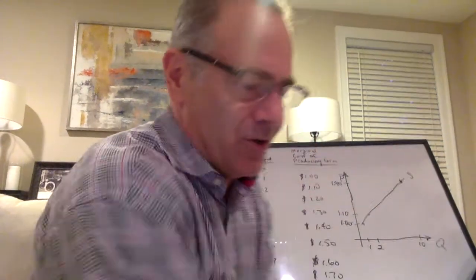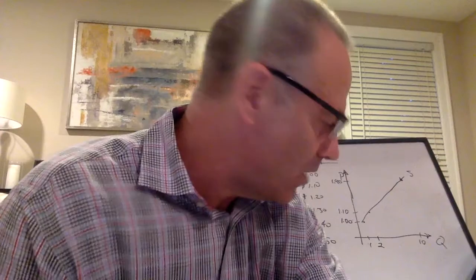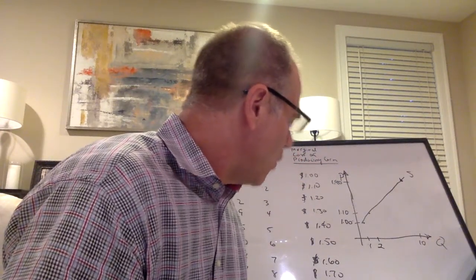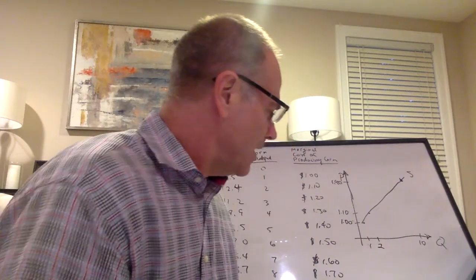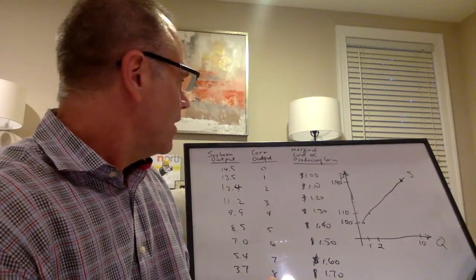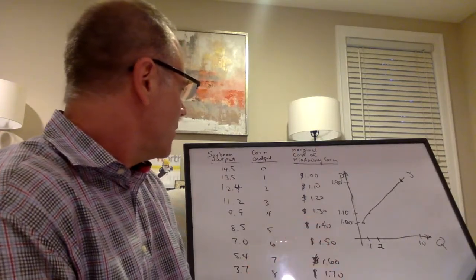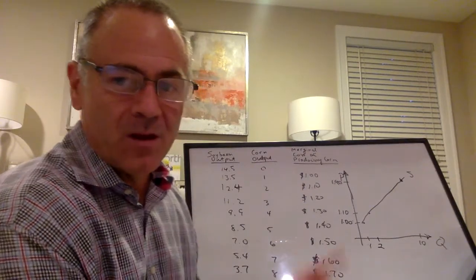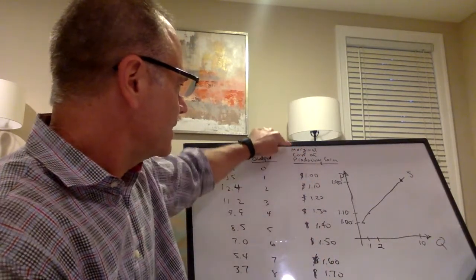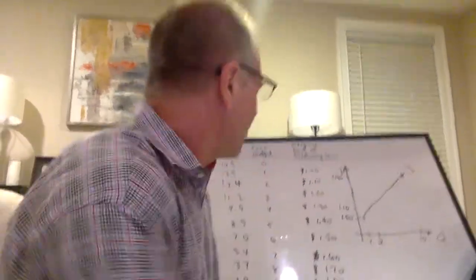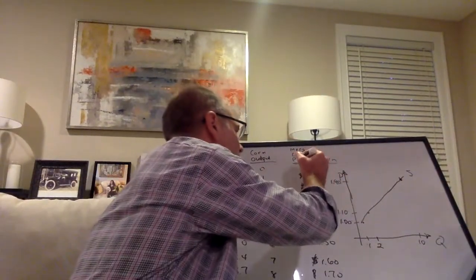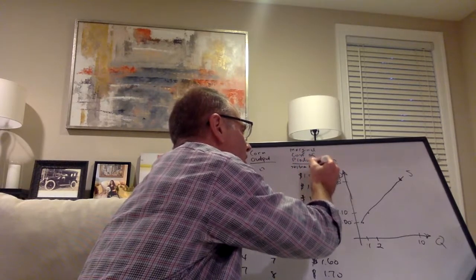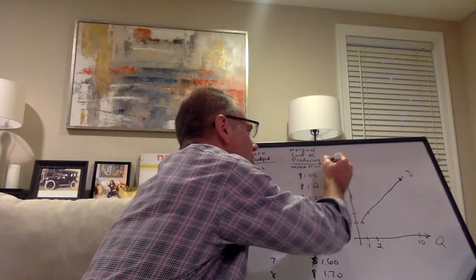The next thing I want to do, the book discusses what happens if the price of soybeans dropped. Before, in this case, marginal cost of corn, when I did it in black, soybean price equals $1 per bushel.